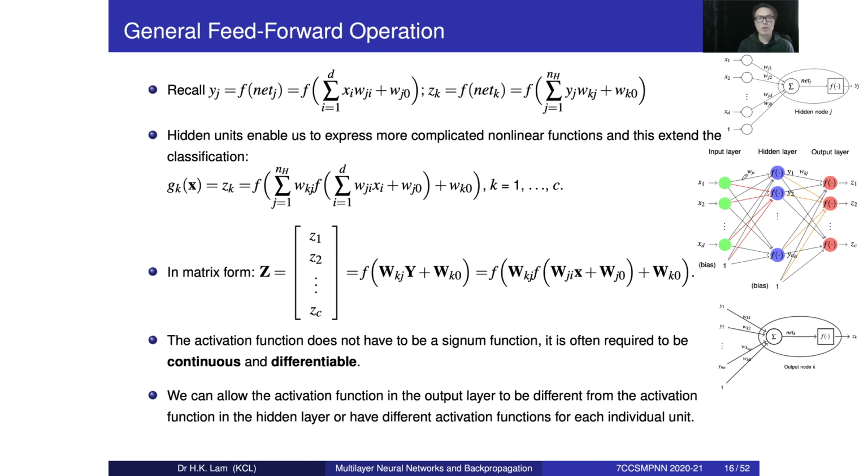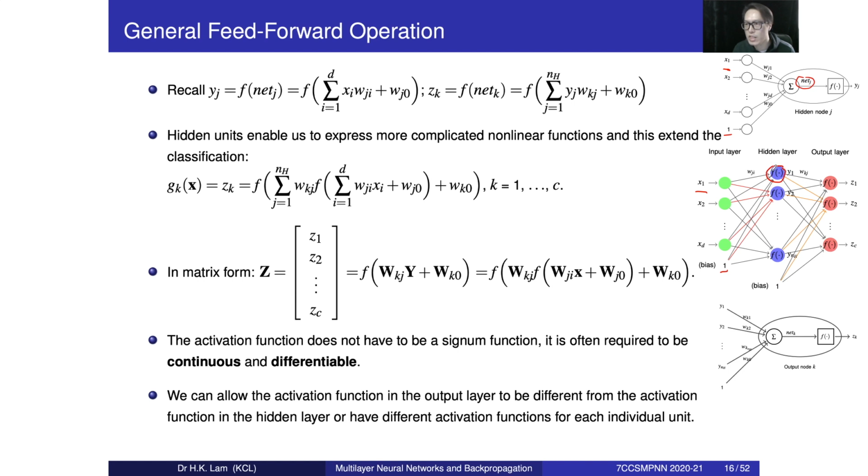And now I'm going to put all the things together, as I have mentioned before. When we present X into this neural network, how do we calculate Zk, the overall equation? Just to recall, this is the hidden node. We have input X and the bias, and then we compute net j.